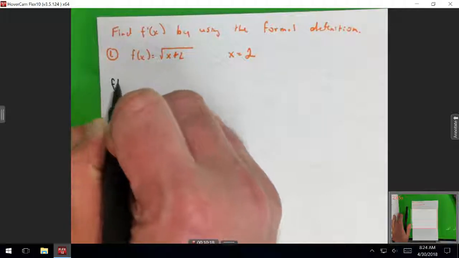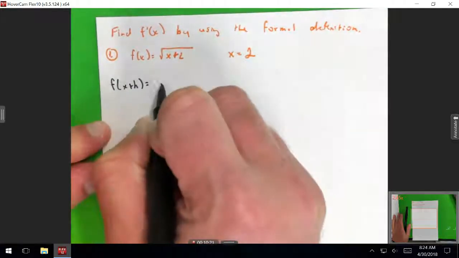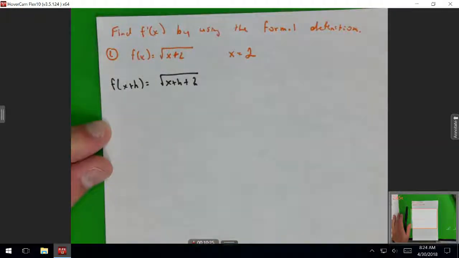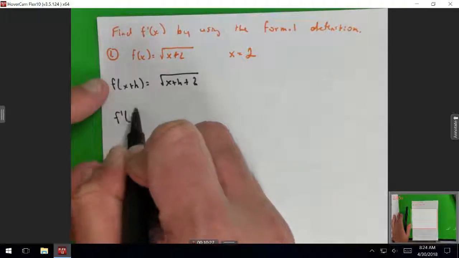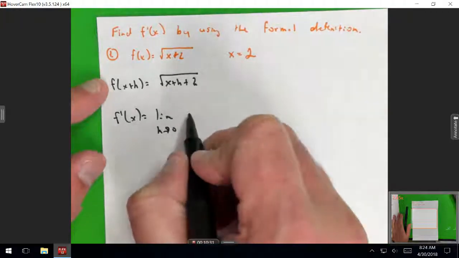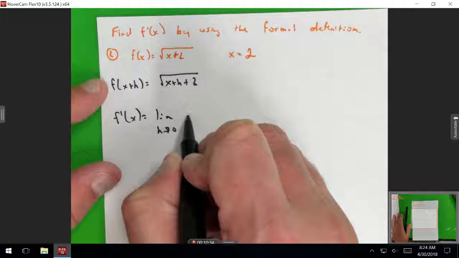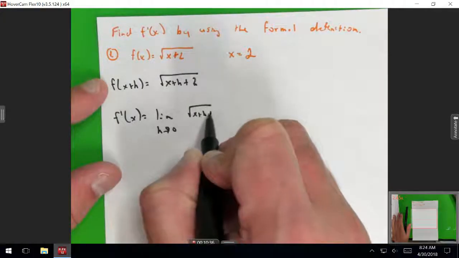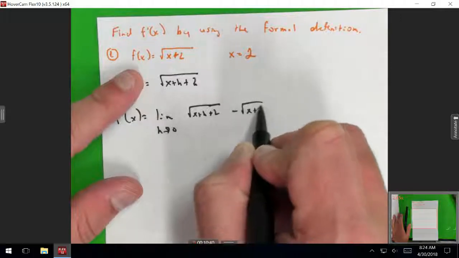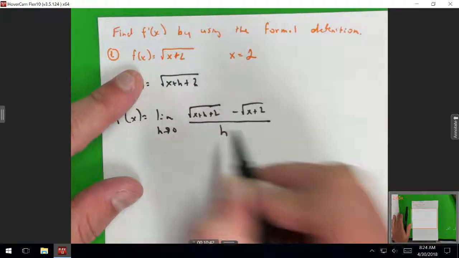If I find f of x plus h first, I get that right there. Now I'm going to do f prime of x equals the limit as h approaches 0 of square root of x plus h plus 2 minus square root of x plus 2, all over h.